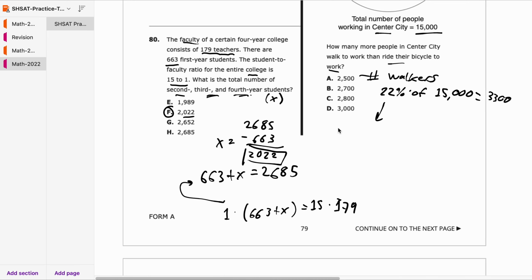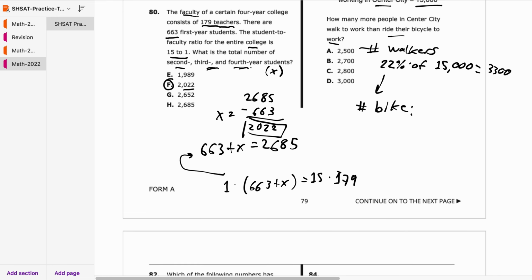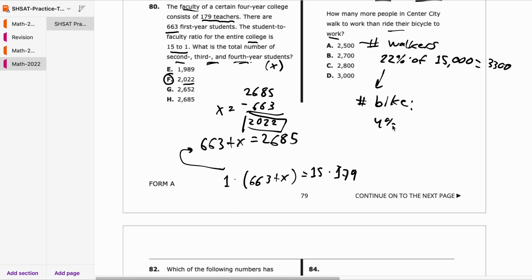Okay. And then the number of people that bike to work, that's 4%. So 4% of 15K is, well, we know that 1% is equal to 150, right? We just chop off 2 zeros off of 15,000, and then 4% is going to be 150 times 4, right?